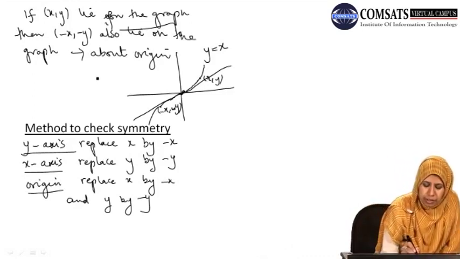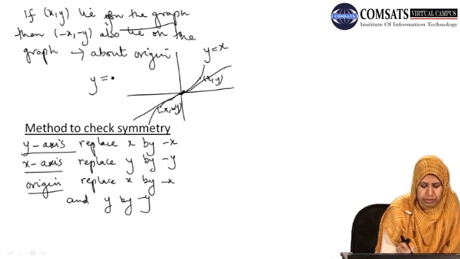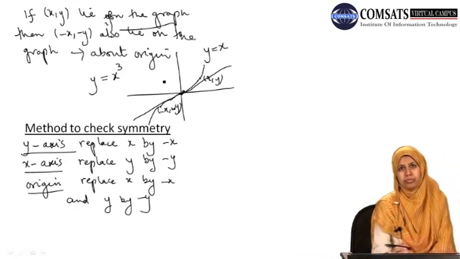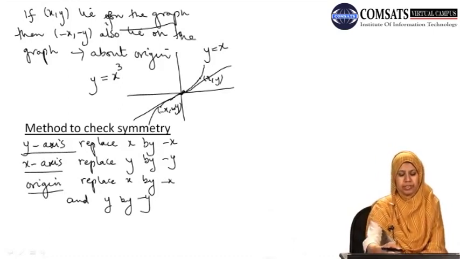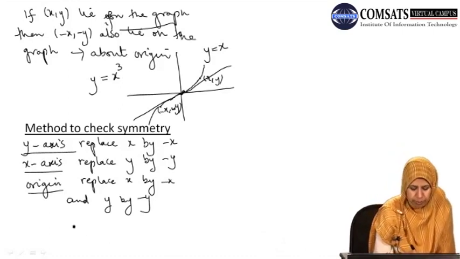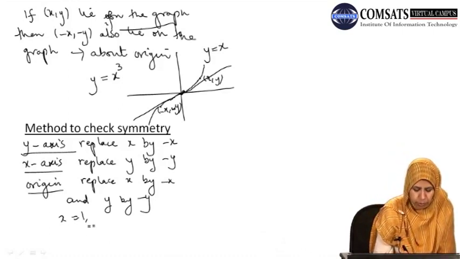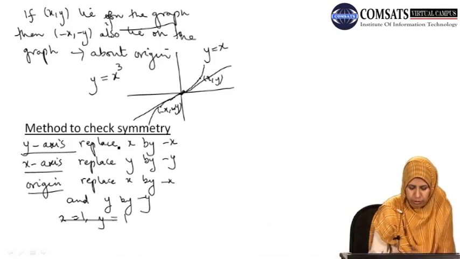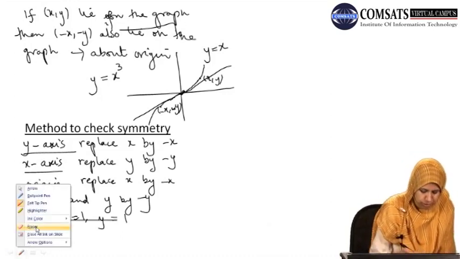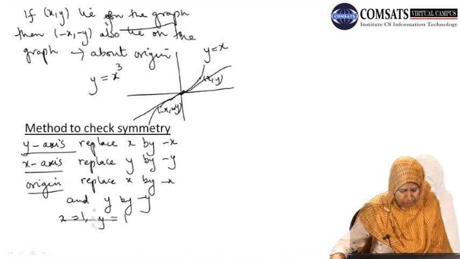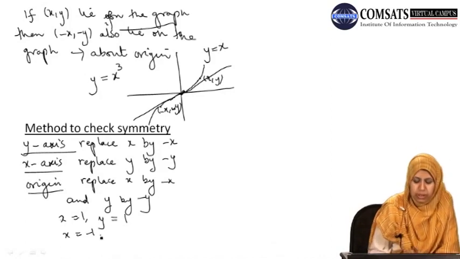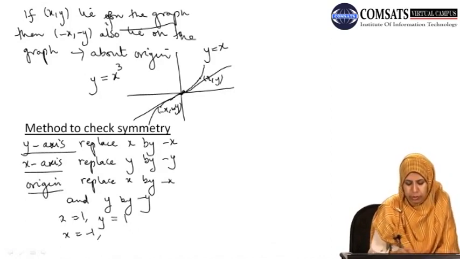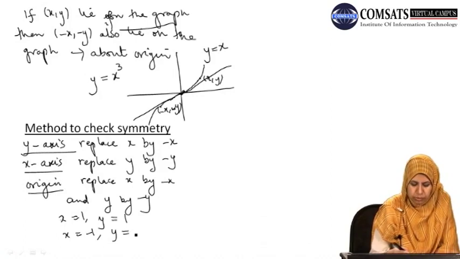For example, for the sake of simplicity, our cubic function y = x³. If we take x = 1, we obtain y = 1, since 1 cubed is 1. Now we replace x by -x, so x = -1, and what do we obtain? y = (-1)³ = -1.